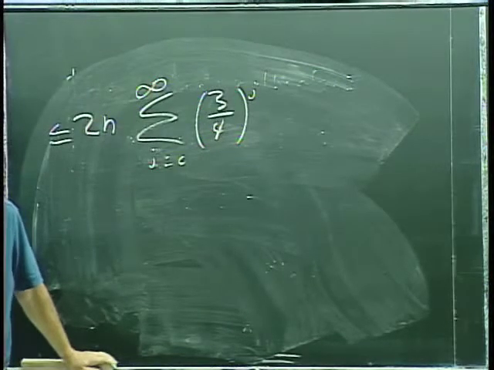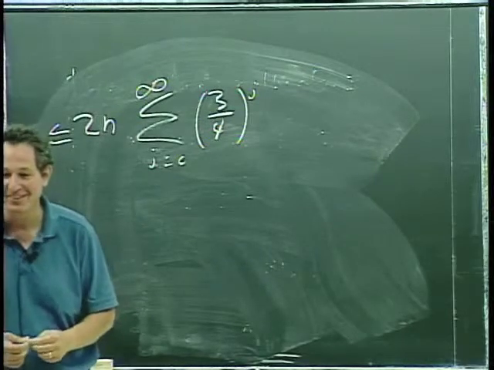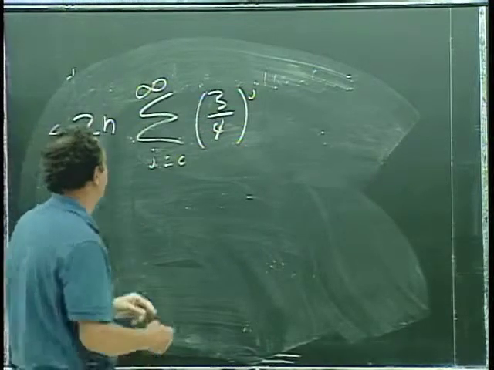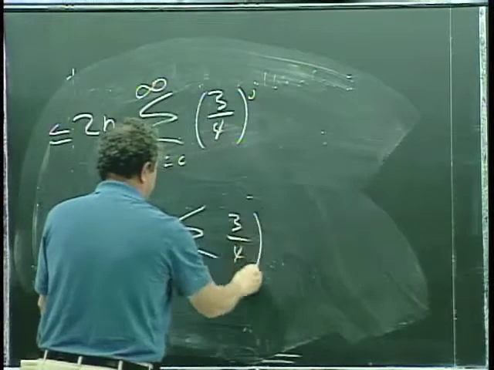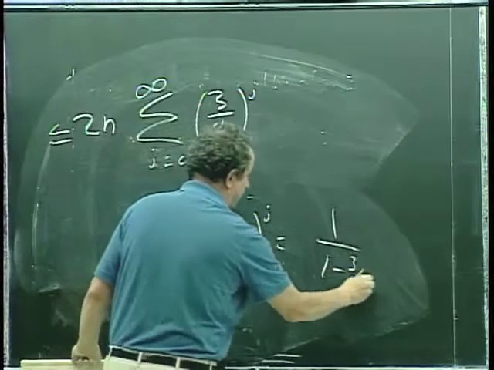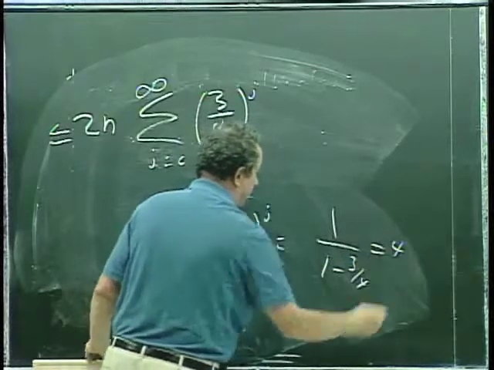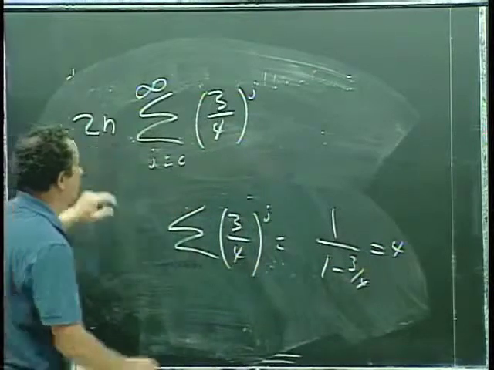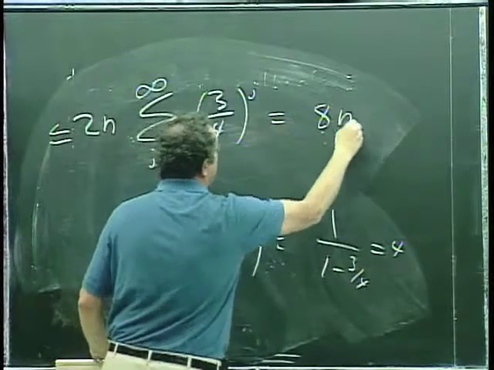Somebody went to high school. I know I didn't. Yeah, 1 over 1 minus 3 quarters. So this summation of 3 quarters to the j is equal to 1 over 1 minus 3 quarters. 1 minus 3 quarters is 1 quarter, so that's equal to 4. So this whole thing is equal to 8n.